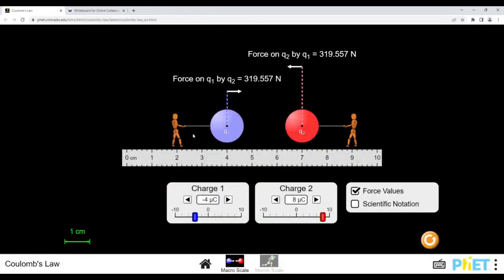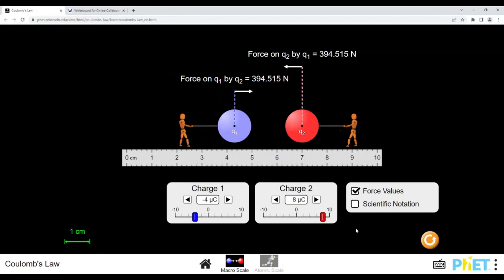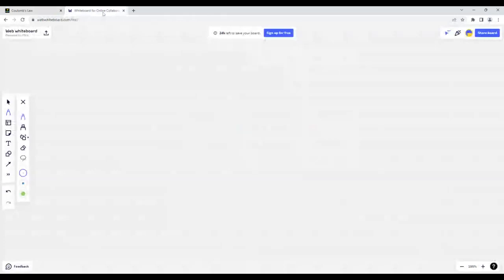So we have these two, I don't know, mannequins or robots, and they're pushing and pulling on these different charges. Okay, so first thing we need to do is understand the formula for Coulomb's law. And it says that the force, sometimes it's C for Coulomb force, you can think force on charged particles that also starts with the C, is K times Q1 times Q2 over R squared.